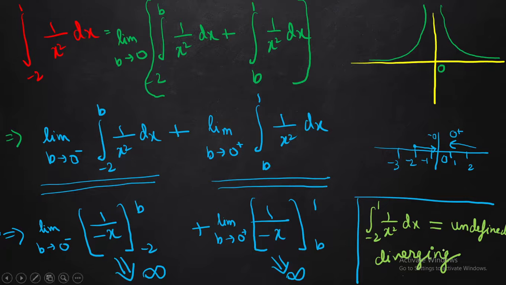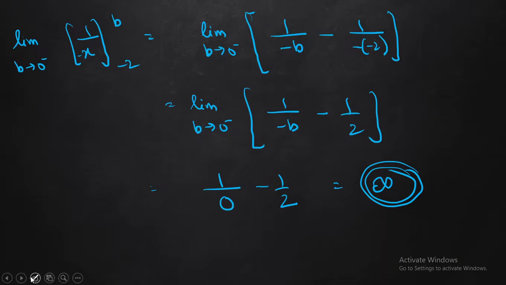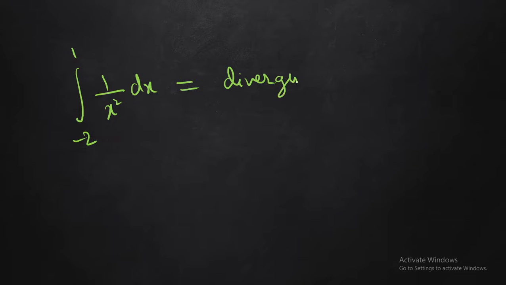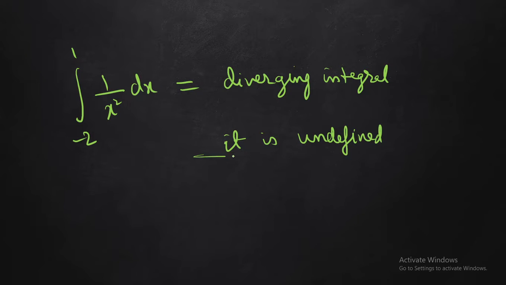So it is diverging. Therefore we came to the conclusion that the integral from -2 to 1 of 1 by x square dx is a diverging integral, hence it is undefined. I hope it is clear.